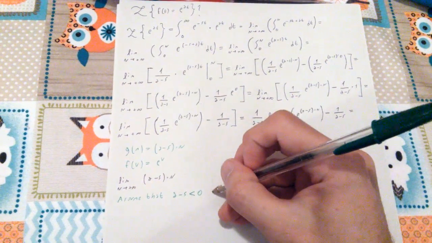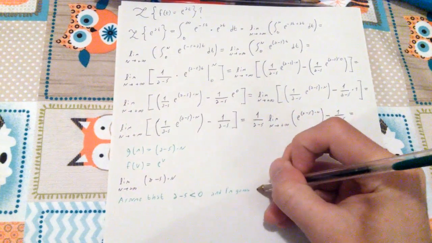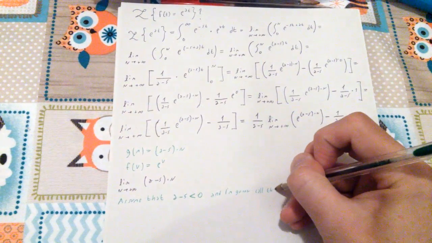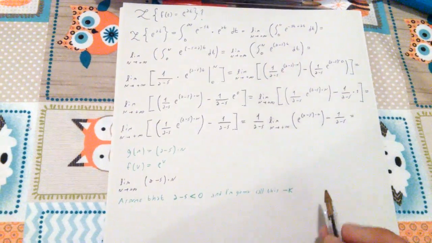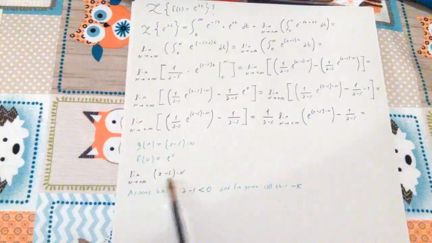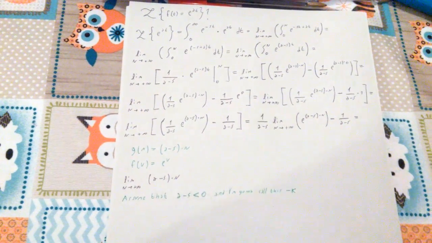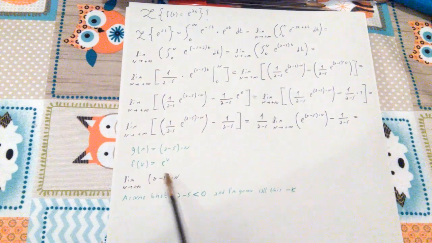I'm going to call this k. So it doesn't matter what it is. It could be negative something, negative 200, negative 300. But I want this to be negative.